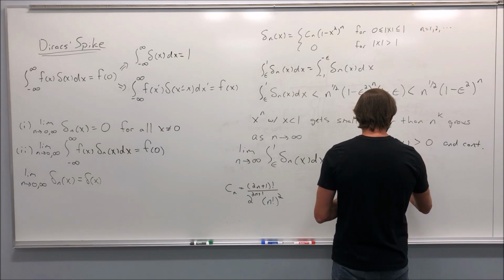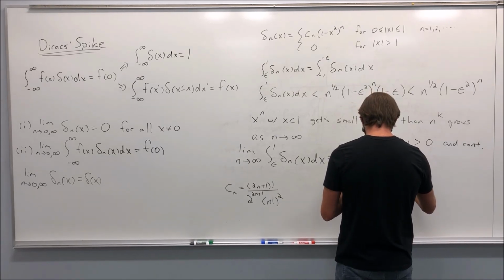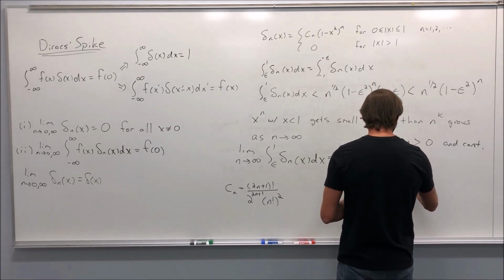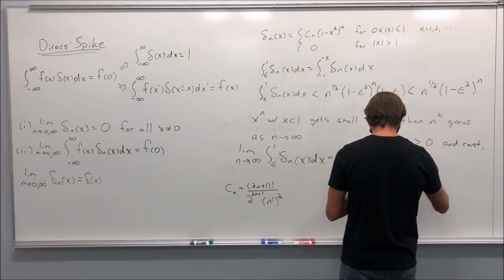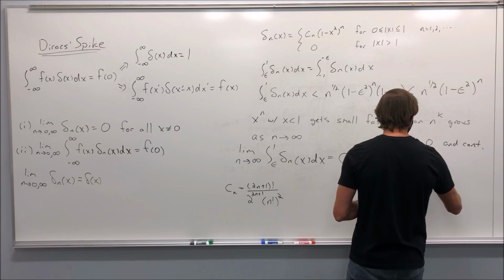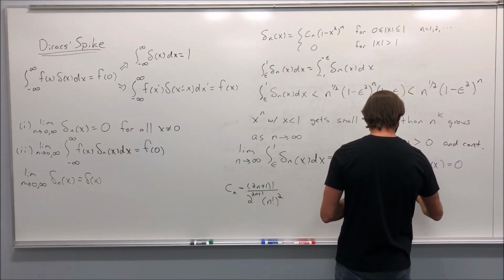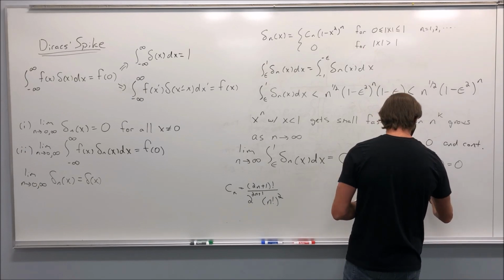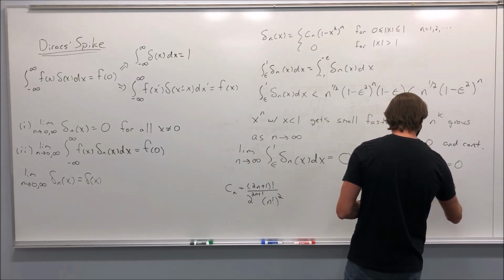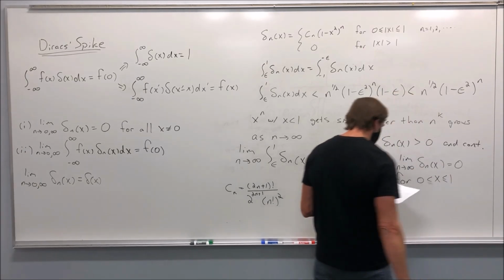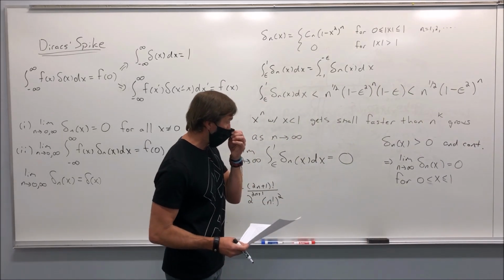What that means is that the limit as n goes to infinity of delta n of x itself is 0 for x greater than 0 and less than or equal to 1. Okay?